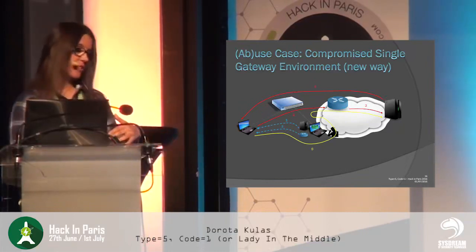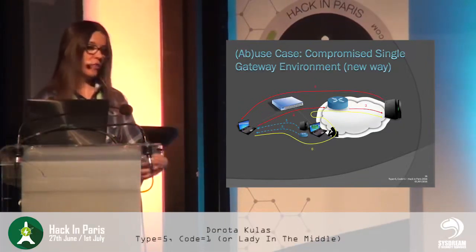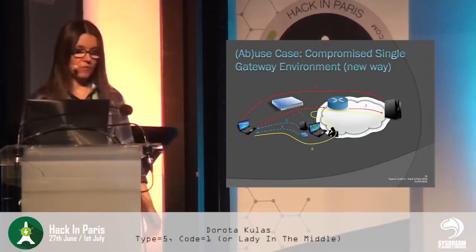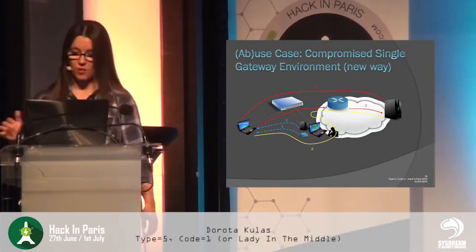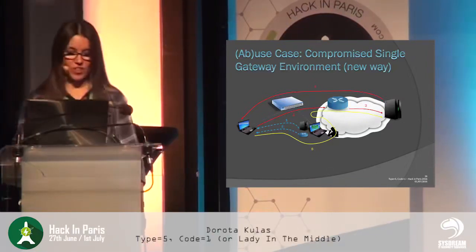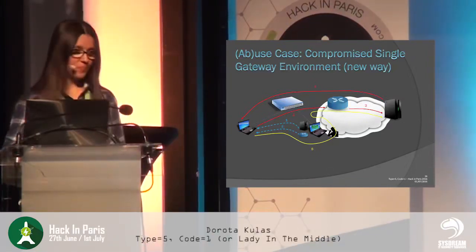And then after the user recognizes this message and installs the new route in the routing table, we have a man in the middle, so this yellow communication is going on again.